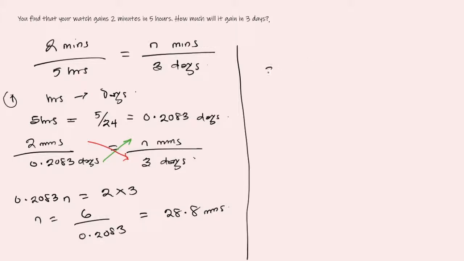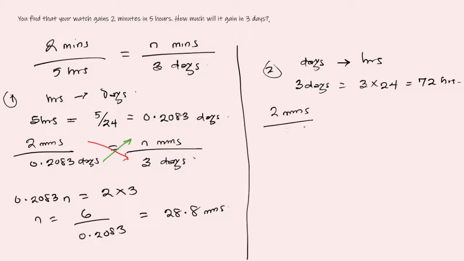Now, the second way is if we actually change days to hours, converting days to hours. 3 days is equal to 3 times 24 hours, which is 72 hours. So if we set up our proportion, which is 2 minutes over 5 hours equals n minutes over 72 hours.